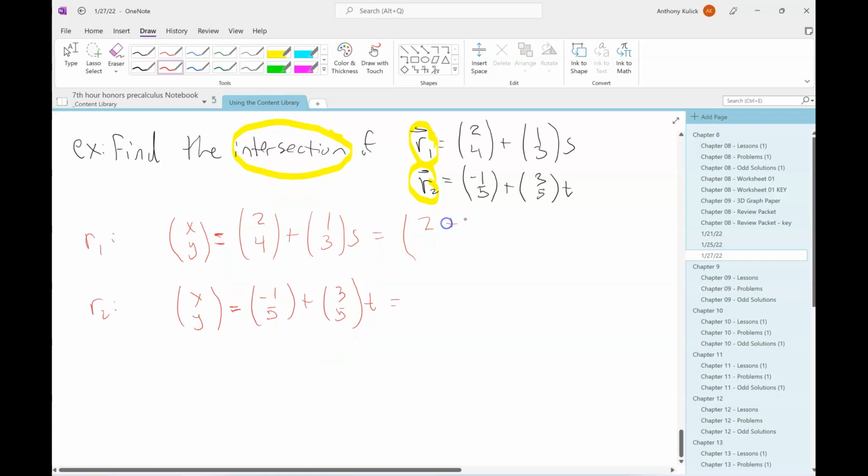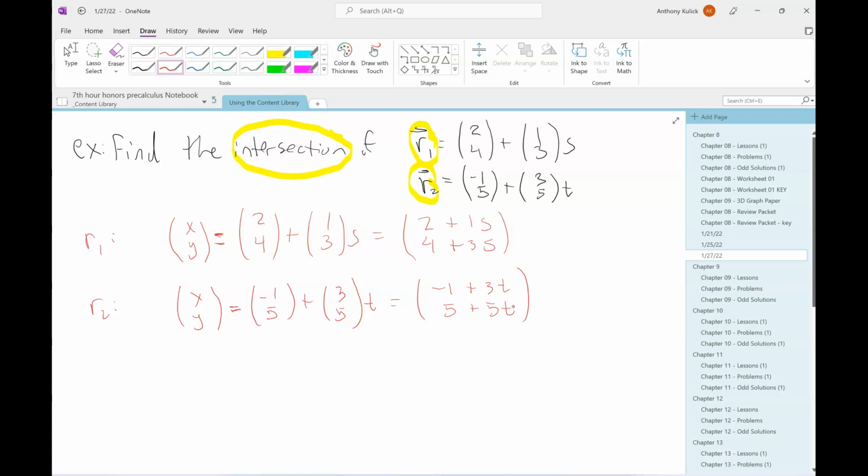So I'd have 2 plus 1s and then 4 plus 3s and then negative 1 plus 3t and 5 plus 5t. Does everybody feel okay with how I did that?